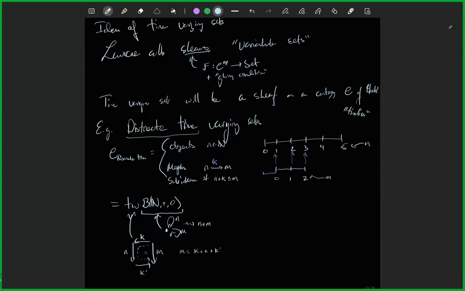As you can see, k prime must then be m minus k plus n. So this is the same thing as just giving k. It's determined by k; the other one you can compute from it. All right, so that's fun.